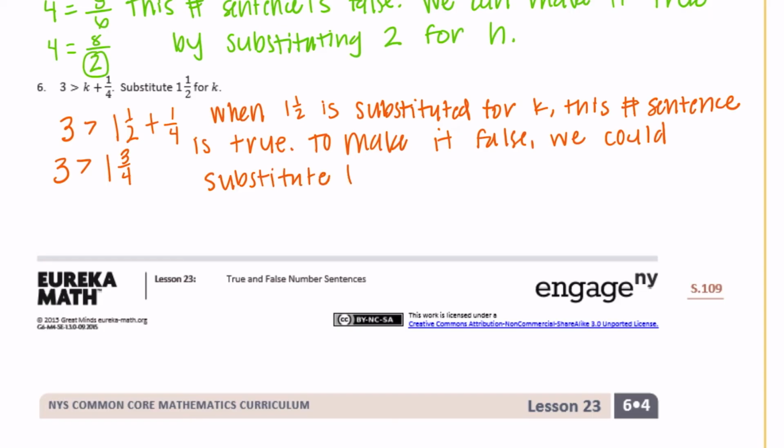We'd substitute k with anything greater than 3. Or anything 3 or greater, because if we put 3 there, it would also be false, because 3 is not greater than 3. They're equal.